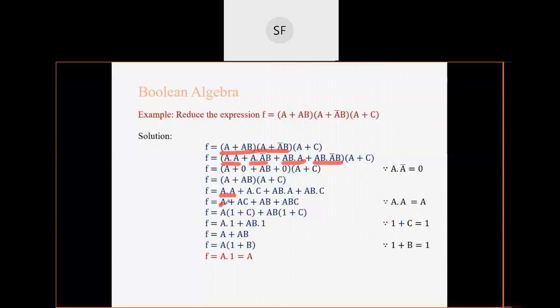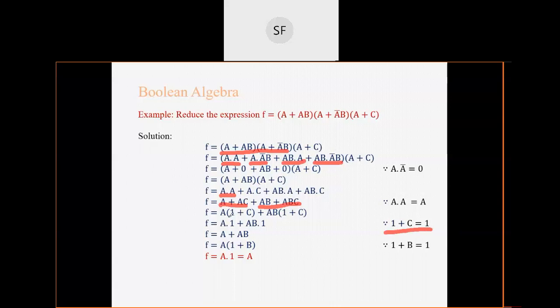Now from these two terms I have taken a as common, so what remains in the bracket is 1 plus c, and from this I have taken ab common, so again 1 plus c is there. But 1 plus c is nothing but 1 OR c. Since one of the inputs is already high and this is an OR operation, 1 plus c equals 1.